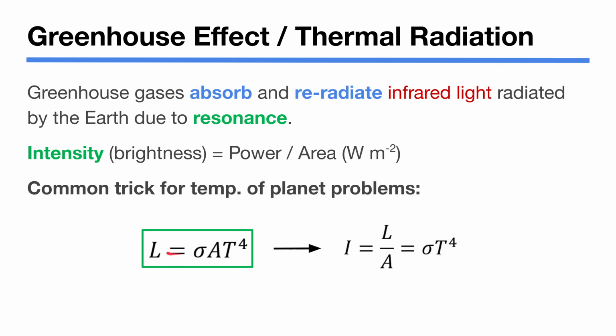You can do L over A, because L is power, A is area. So intensity would be equal to this, and you can figure out temperature things. The common one is they'll have you estimate the temperature of a planet from the solar constant divided by 4, finding the temperature without the atmosphere. And then maybe they'll have you talk about the greenhouse effect. That's usually how those go. But intensity is power over area, which means you can do this.